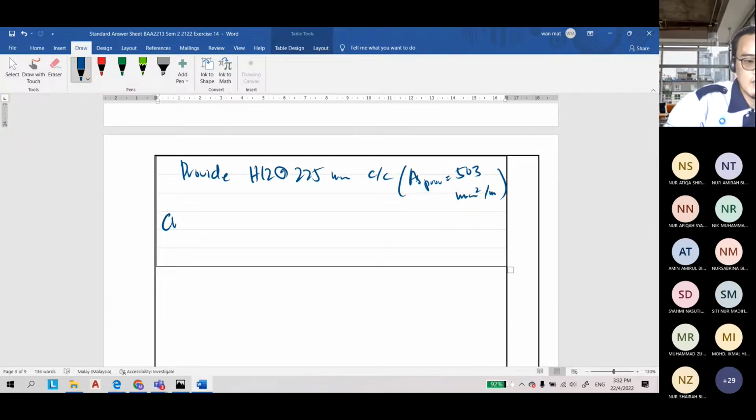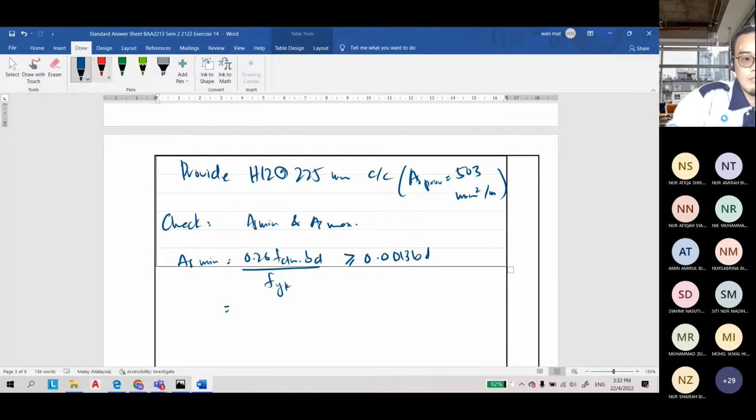As usual, you check the As minimum and As maximum. So the As minimum is equal to 0.26 fctm times bd divided by fyk. It must be greater than 0.0013 bd.